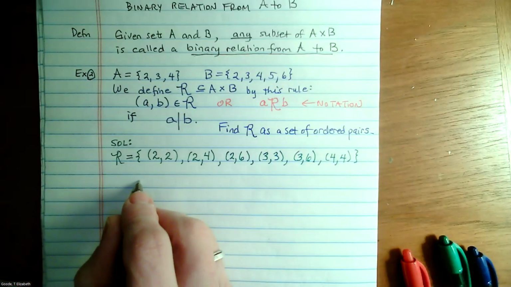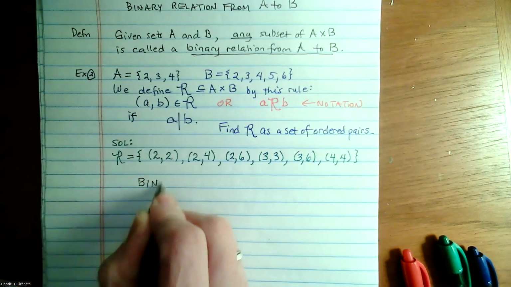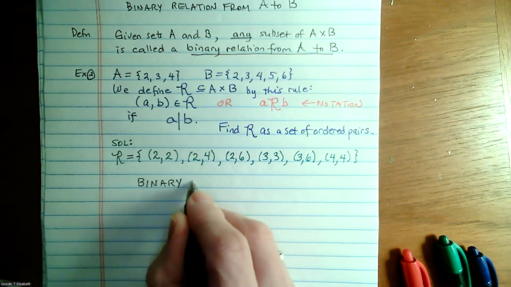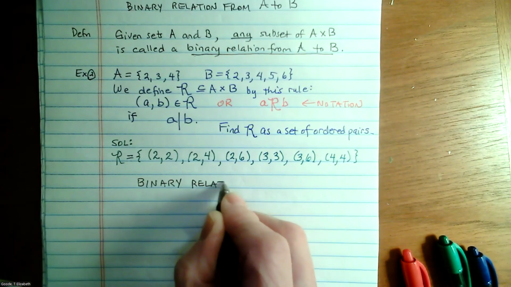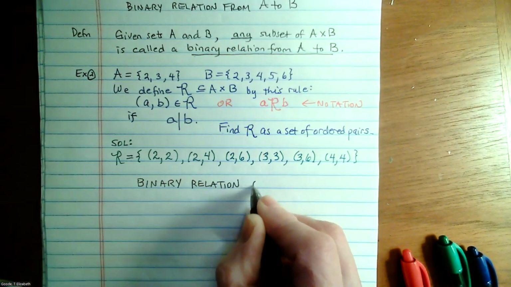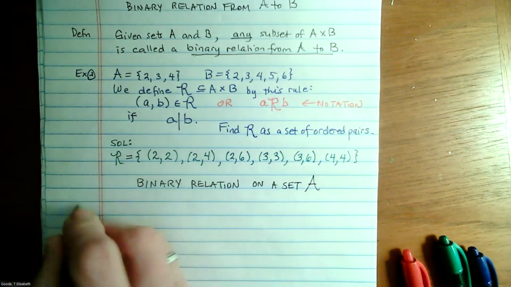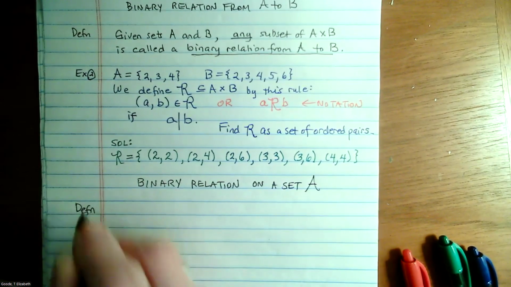We're going to look at numerous examples, but the really interesting examples come about when we talk about a binary relation on a set A. So let's go ahead and get the definition.